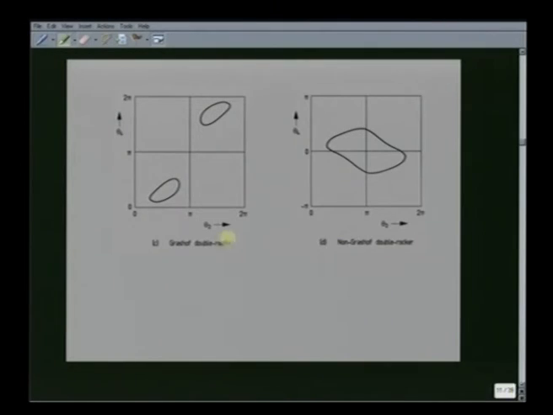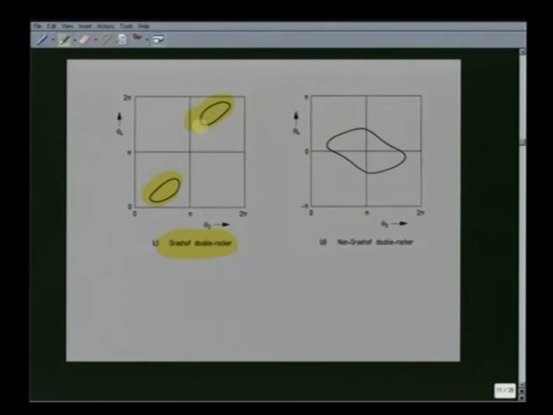If we have a Grashofian double rocker, then again we have two loops, one as we see here and the other there. Because this is a double rocker, neither theta 2 nor theta 4 can make complete rotation. So, they are limited between two extreme values.